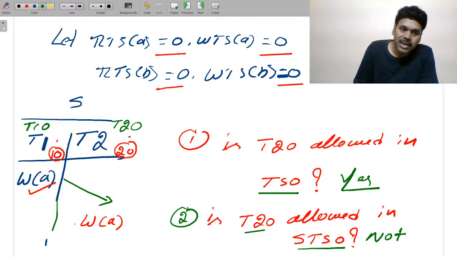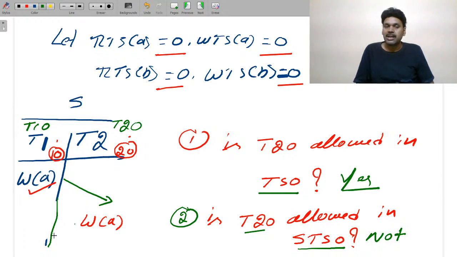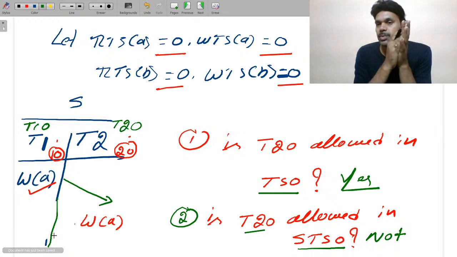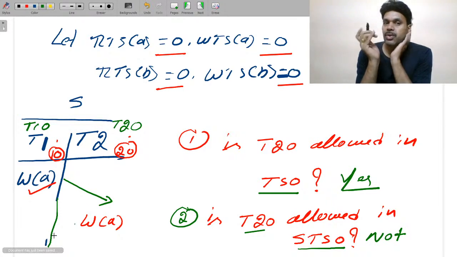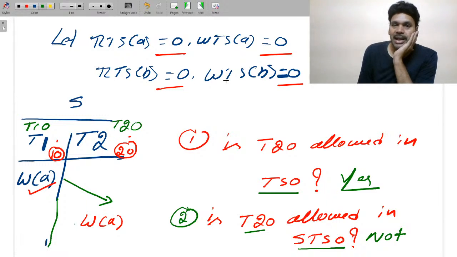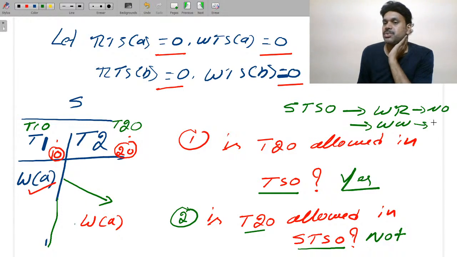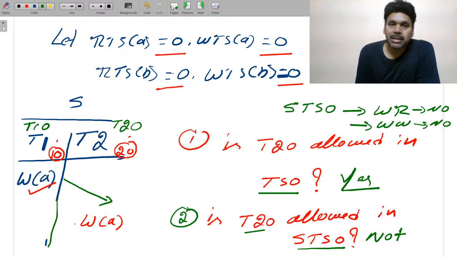Clear, friends? So this is the difference between the TSO and STSO protocols. STSO protocol guarantees that whenever you are talking about STSO, you see no WR and no WW. You need to look at these two conflicts carefully. So come to the last example.